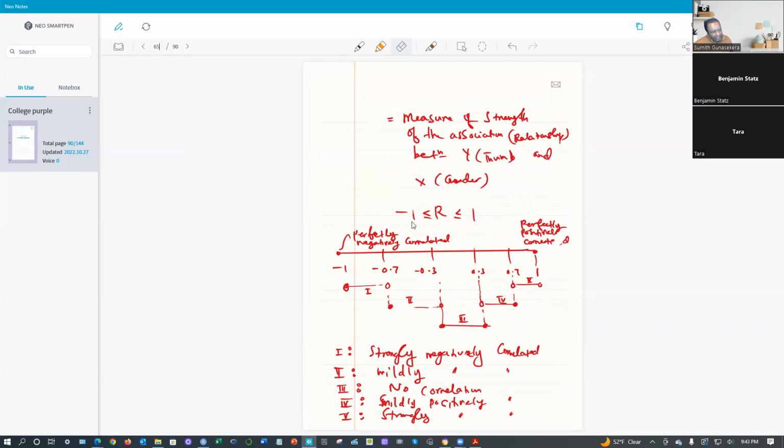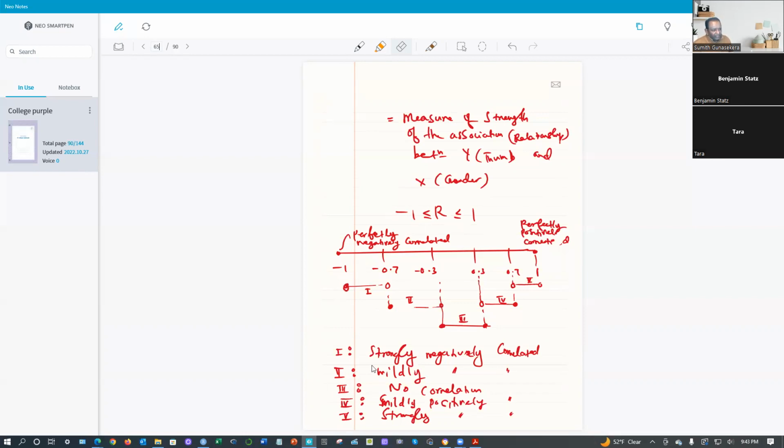The line slants to this side. The negative means the slope goes this way. This point has been taken care of. It means perfectly negatively correlated. Then within this range, excluded, excluded. That means -1 to -0.7, excluding endpoints.